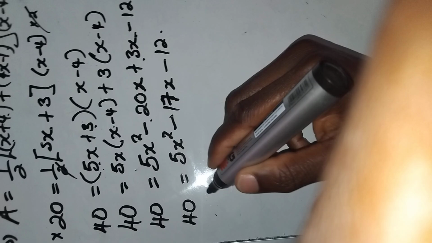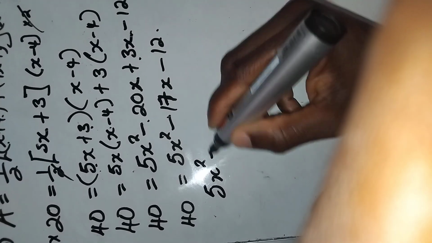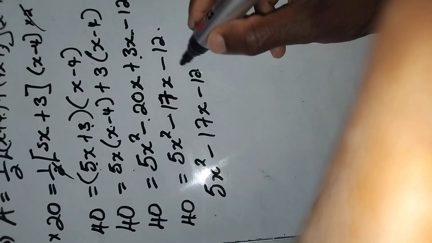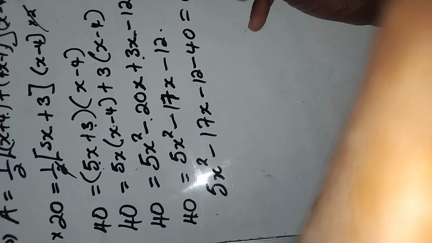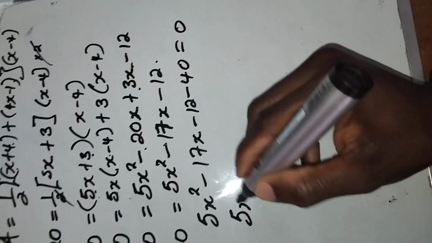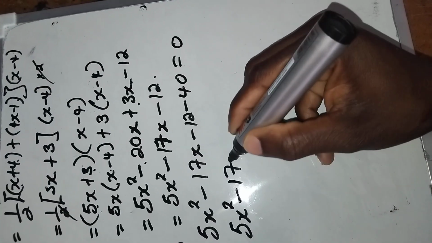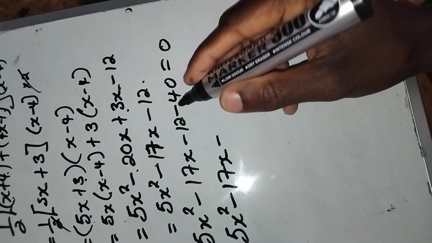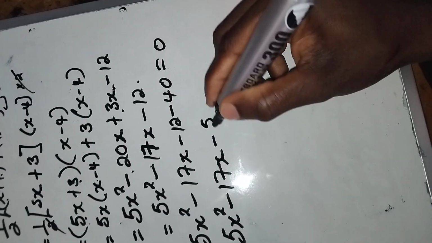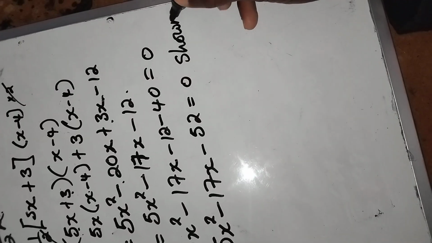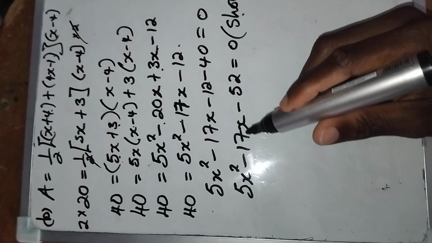Then we take 40 across: 5x squared minus 17x minus 12 minus 40 gives minus 52, equal to 0. Then we write shown. When it says show, you write shown, that's how it is done.